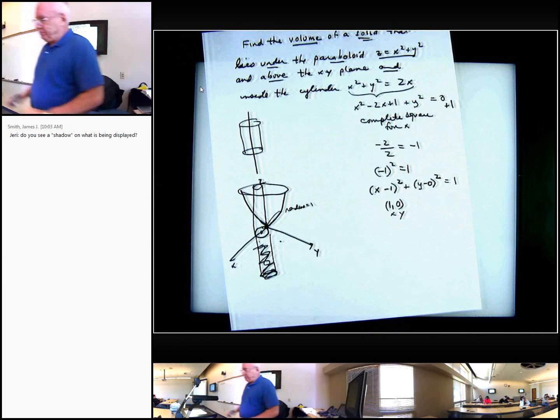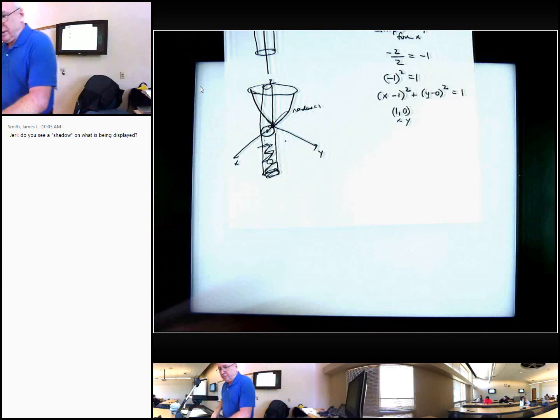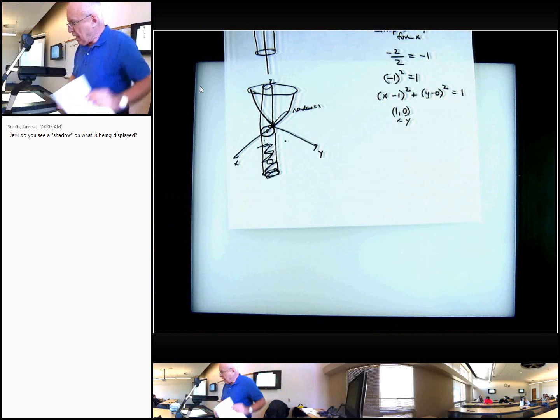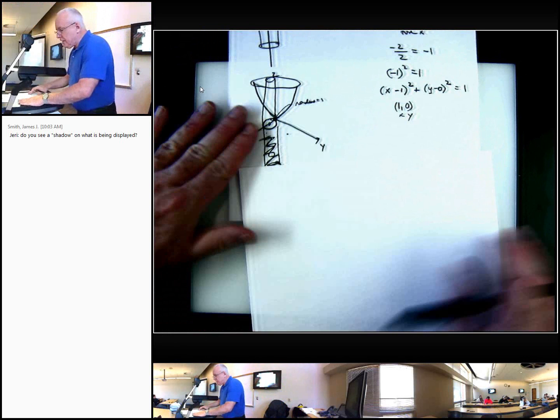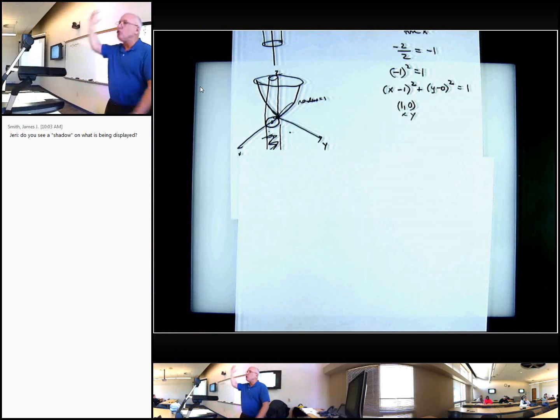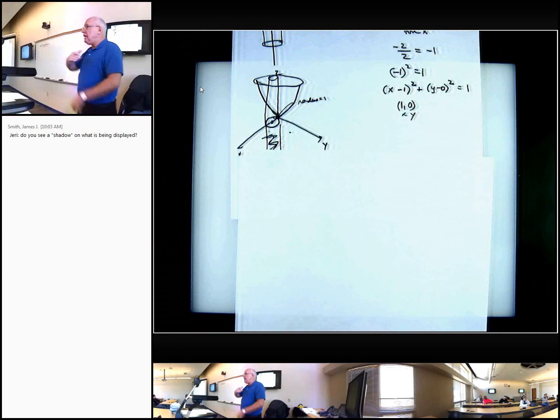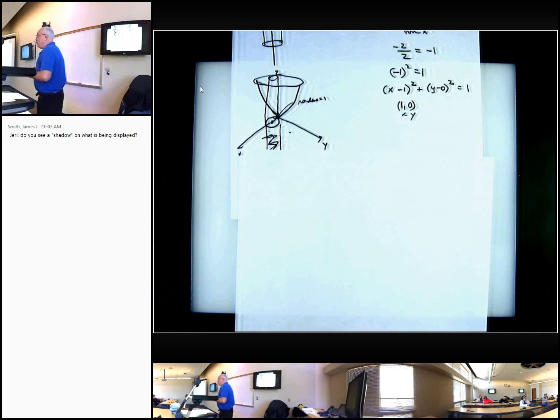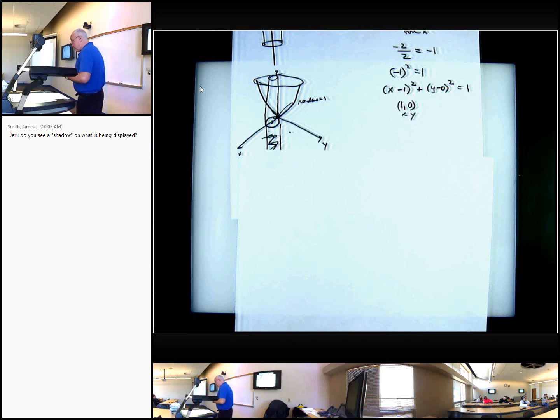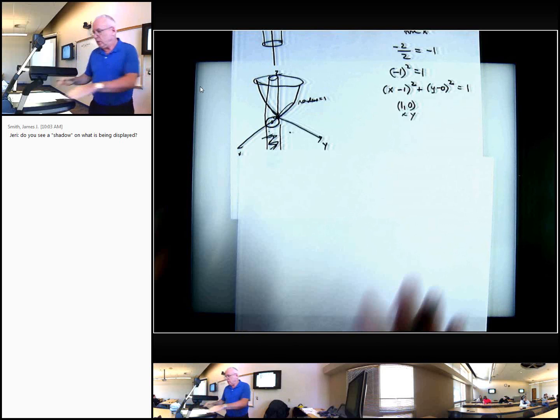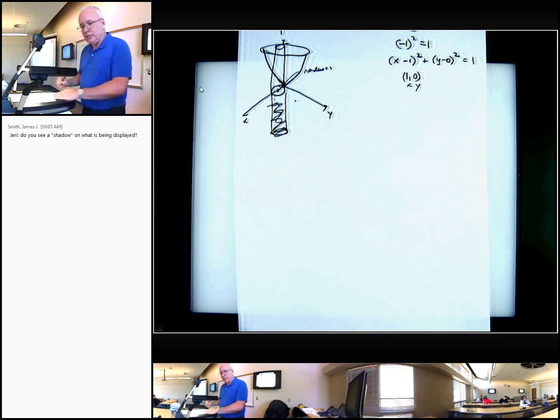Now, because everything is nice and circular, it cries out: use polar coordinates. So we're going to use polar coordinates here.